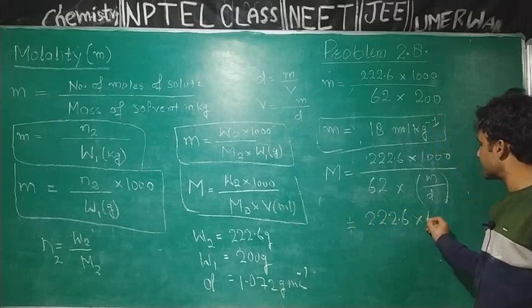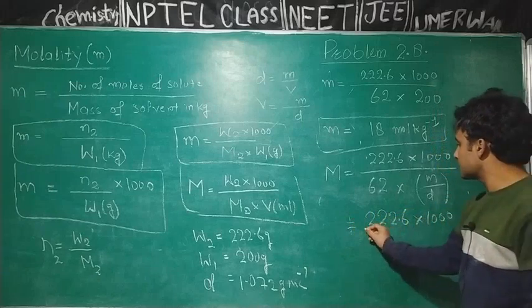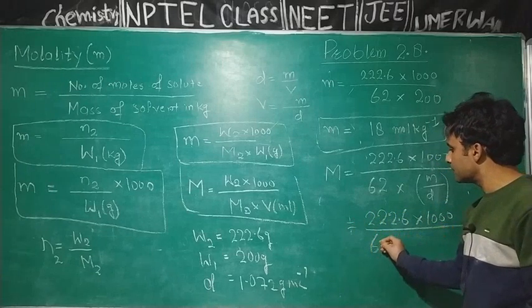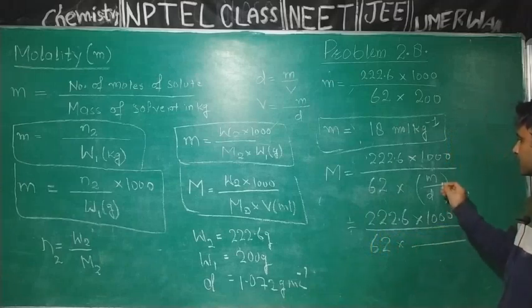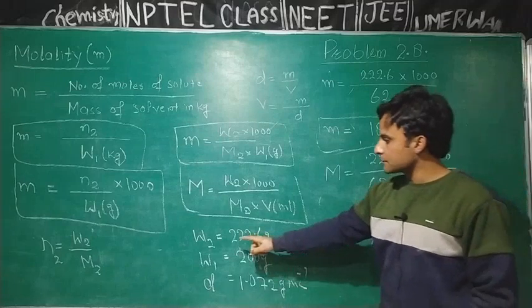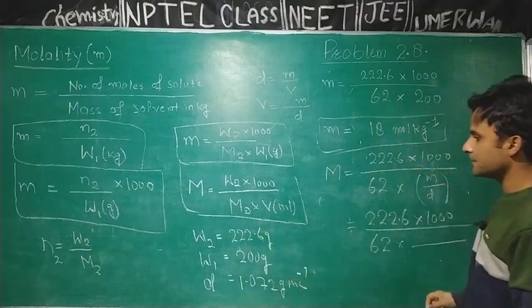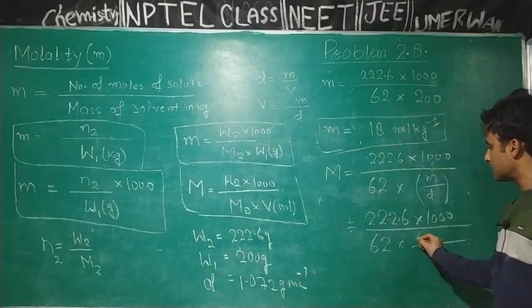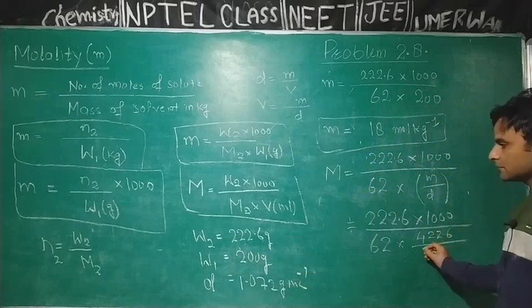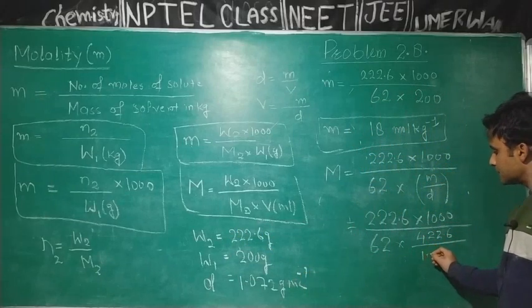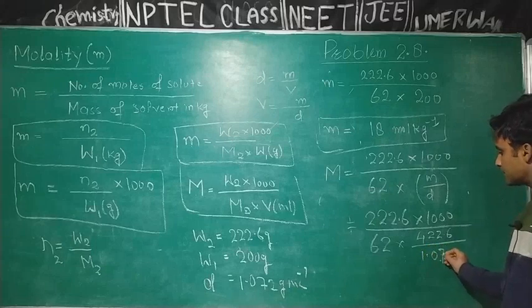So it is 222.6 multiplied by 1000 divided by 62, multiplied by the mass of solution, which is the sum of the mass of solvent and solute. It will come equal to 422.6 divided by the density of solution, which is 1.072.